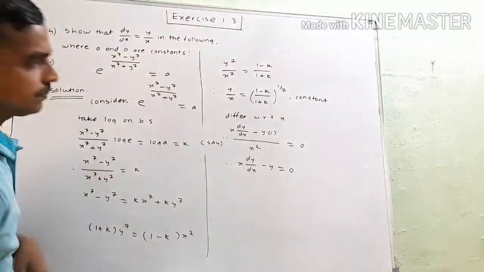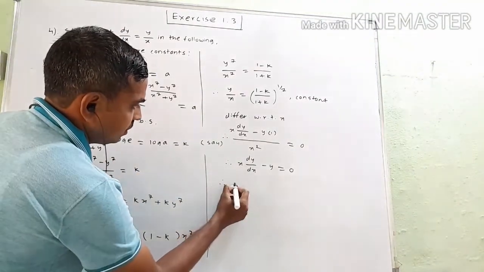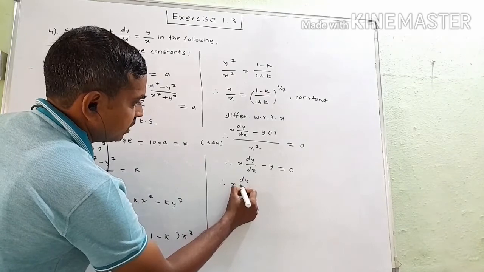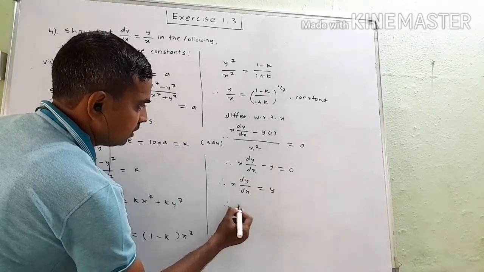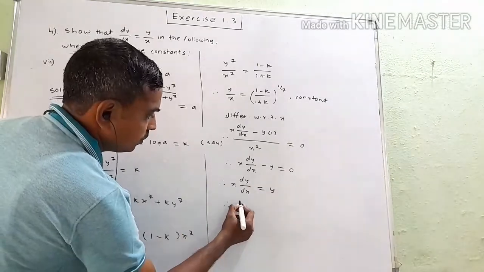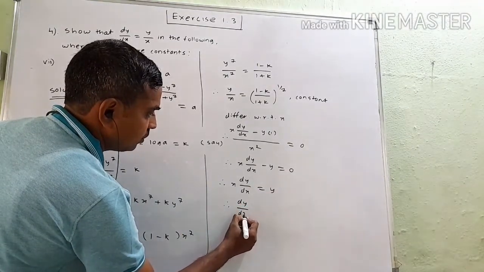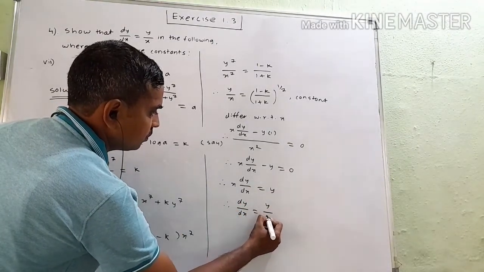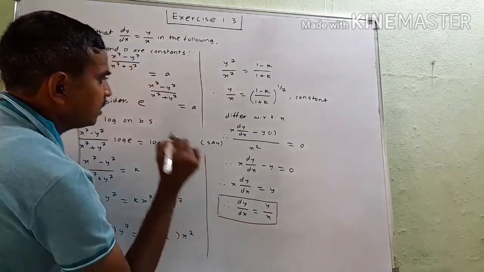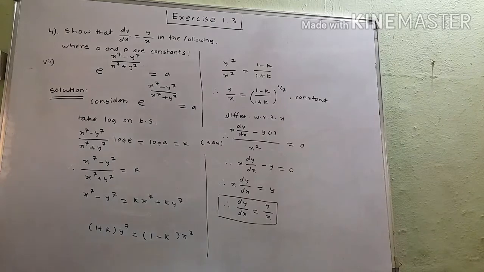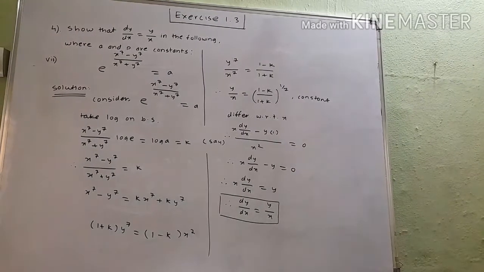This will be our next step. Now we will find the value of dy by dx because we have to show the result for dy by dx. Means here y will be positive. Value of dy by dx is equal to y divided by x, this is the required result. This is the solution of the seventh example.